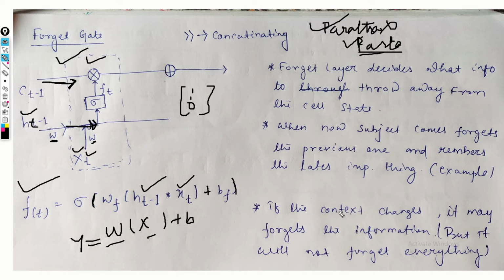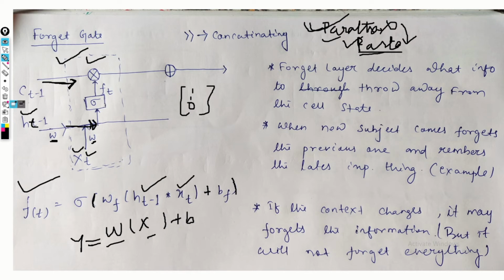You can see the paratha is there, and another important context is pasta. So the context is changed, and as the context is changed, it will try to forget the information, right? So this is the basics of the forget gate.